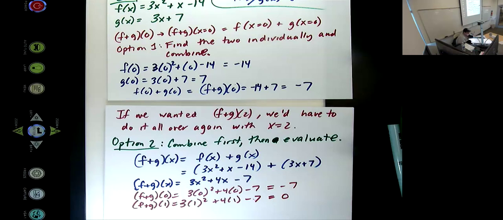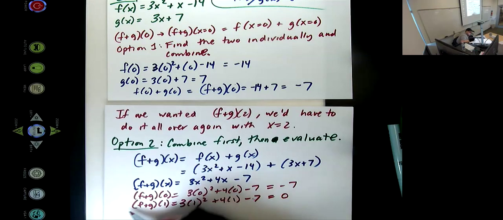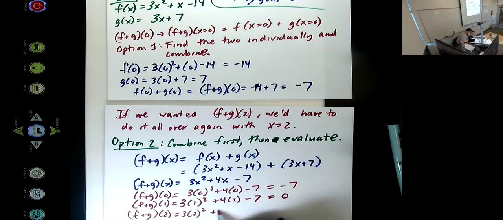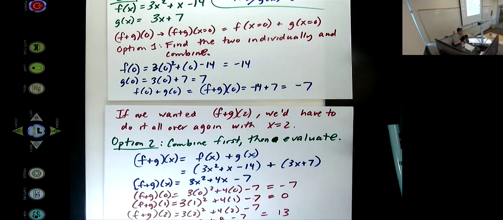Interesting. I could do f plus g of 2. This is 3 times 4 is 12 plus 8 minus 7 is 13.